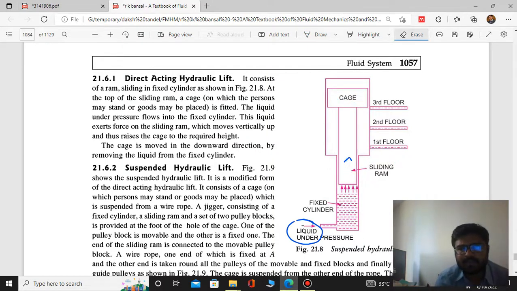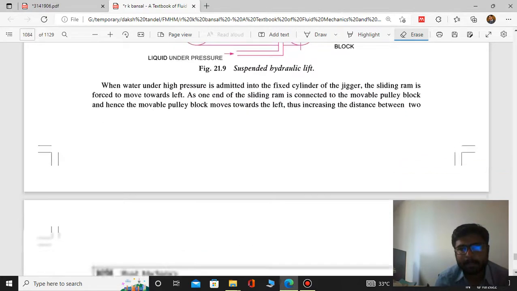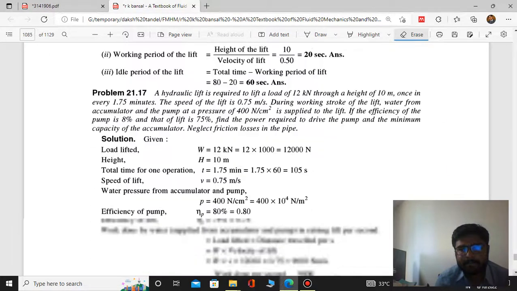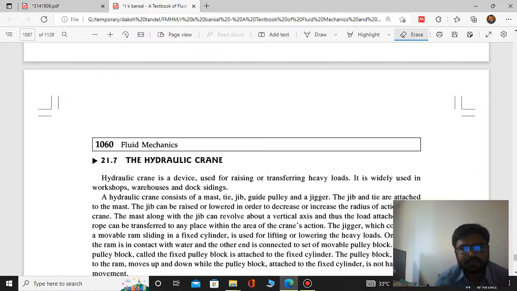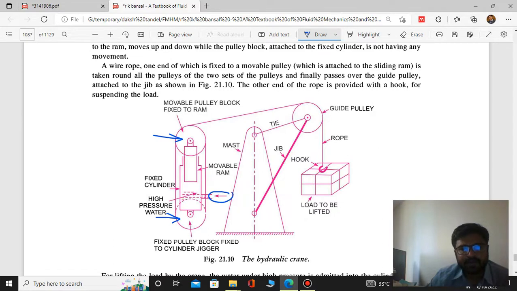Now similarly hydraulic crane. It is also simple to understand. In a hydraulic crane, you can change the distance between these pulleys by applying oil or liquid here.